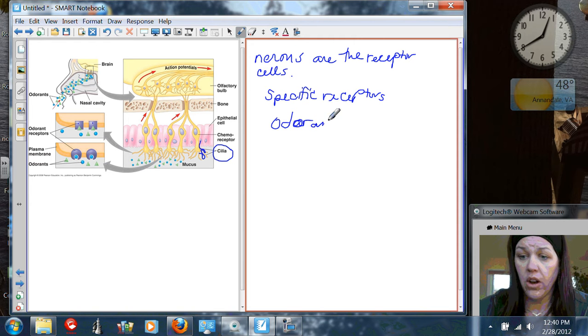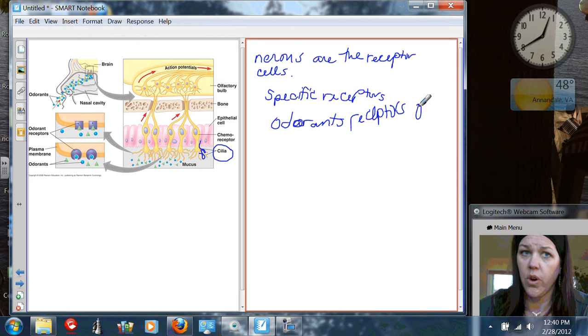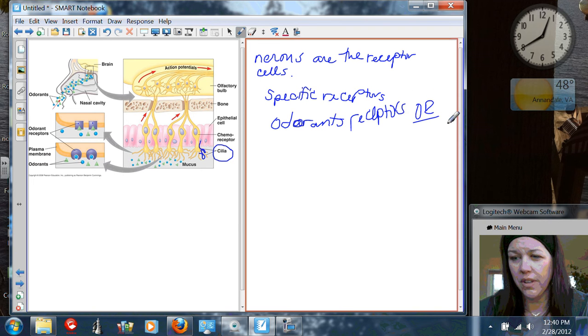O-D-O-R, odorants. Boy, that pen is horrible. Odorant receptors. And they're also called ORs, but that also often looks like OR in your notes. So odorant receptors.